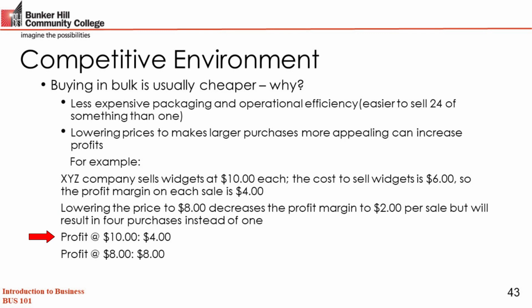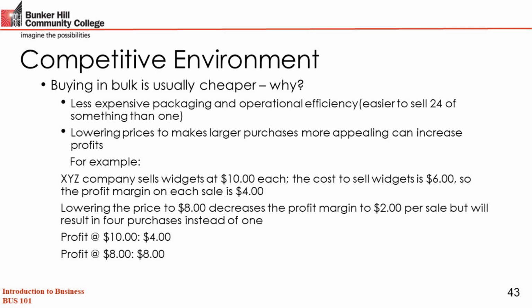So for example, if I have it at $10, I can sell one and I'll make a $4 profit. $10 less the $6 cost, I get $4 in profit. If I lower it to $8, the profit margin is only $2 per sale, but if I sell 4 of them as a result, then I make $8 in profit instead of just 4.